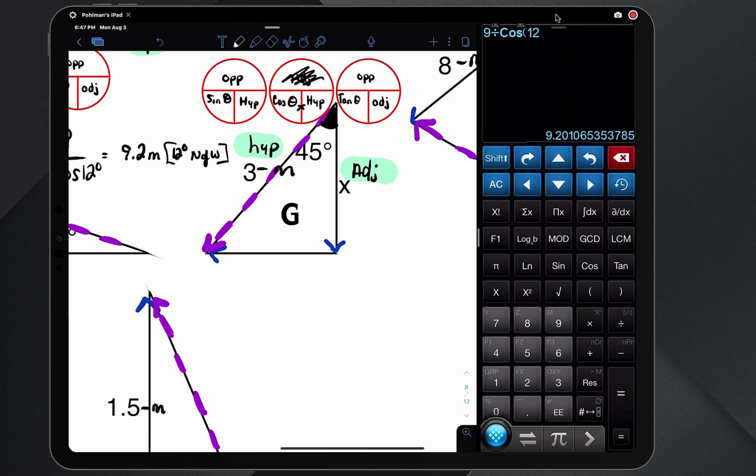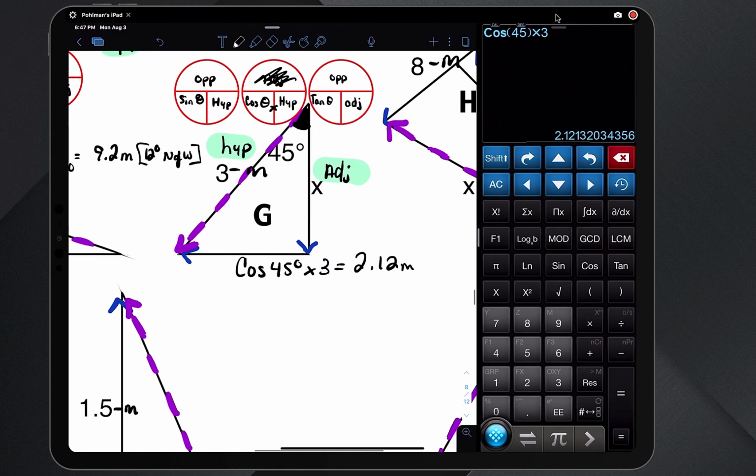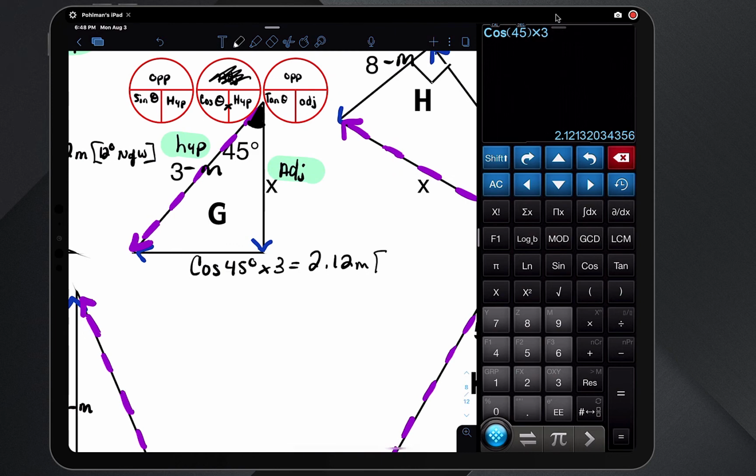That means we're going to have to multiply those two variables together. So I will have cosine of 45 degrees times 3 equals. In the calculator, cosine 45, close that, times 3 equals. This value would be 2.12, and that would be, again, meters, and our direction for this one, we would just say that this guy would be 0 degrees south, straight down.